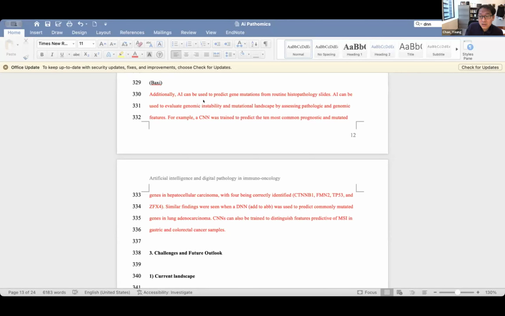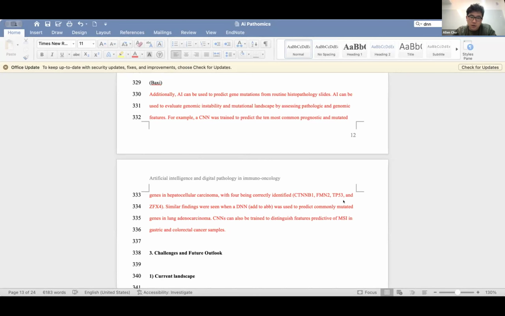Yeah. So this is writing 101. Always use the acronym that you already described in the former method or introduction, wherever. What about CNN? Was it used before or just here?